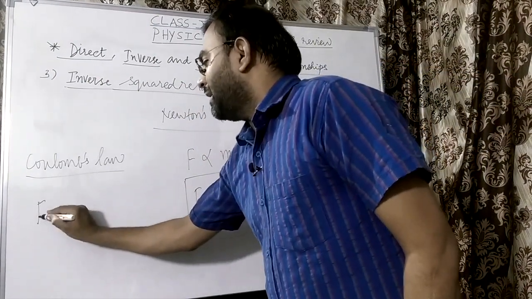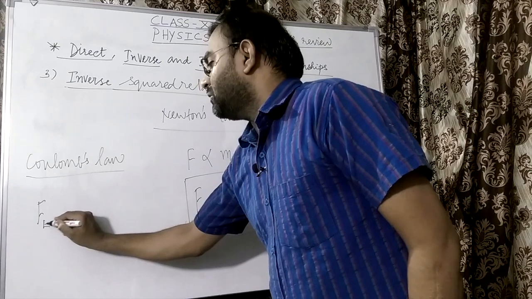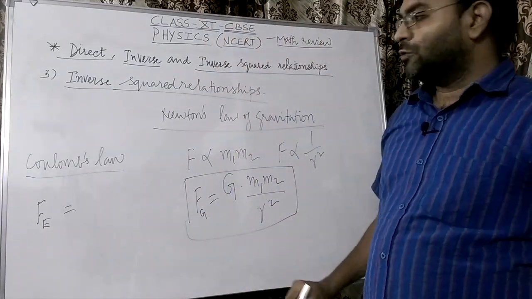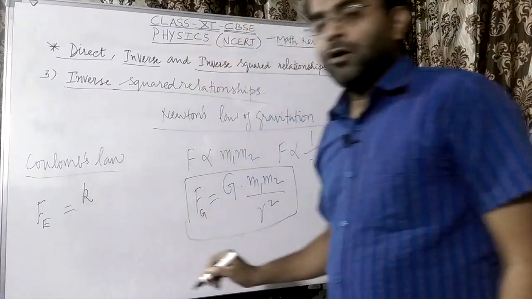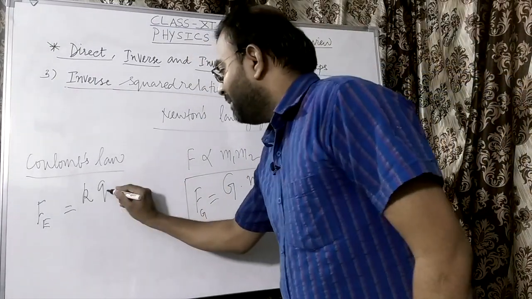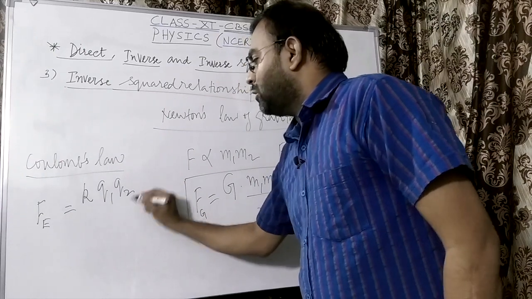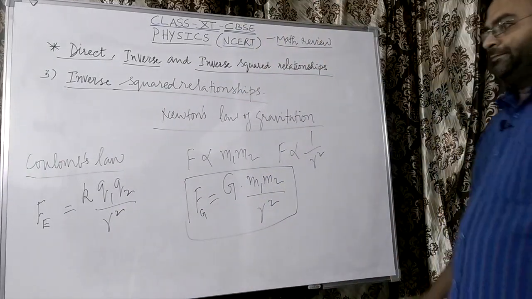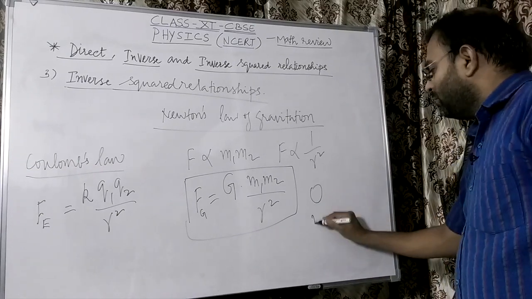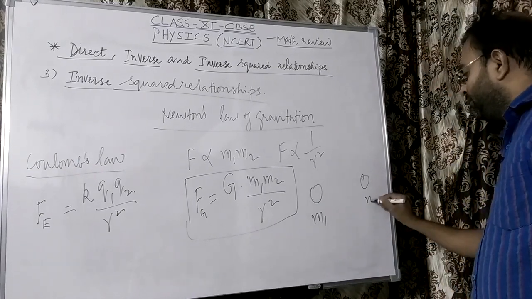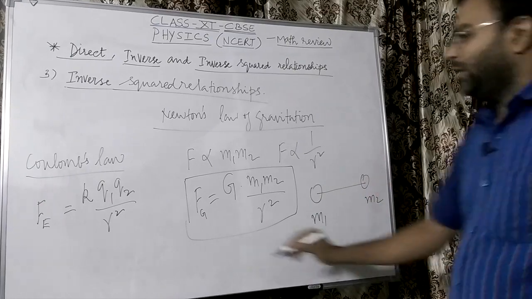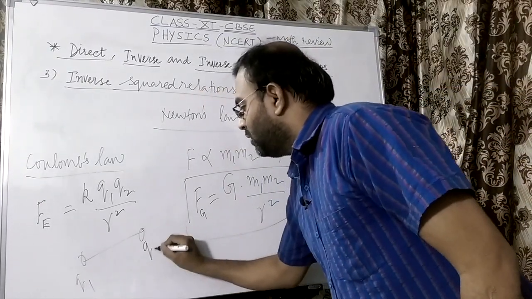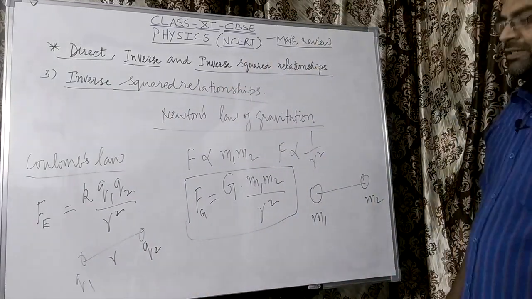So here the electric force or the electrostatic force between two charged objects having charges q1 and q2 is K, which is a constant, Coulomb's constant, multiplied by the product of q1 and q2 over the distance separating the two charges r. So here this is two masses m1 and m2. Here these are two charges q1 and q2, again separated by distance r.